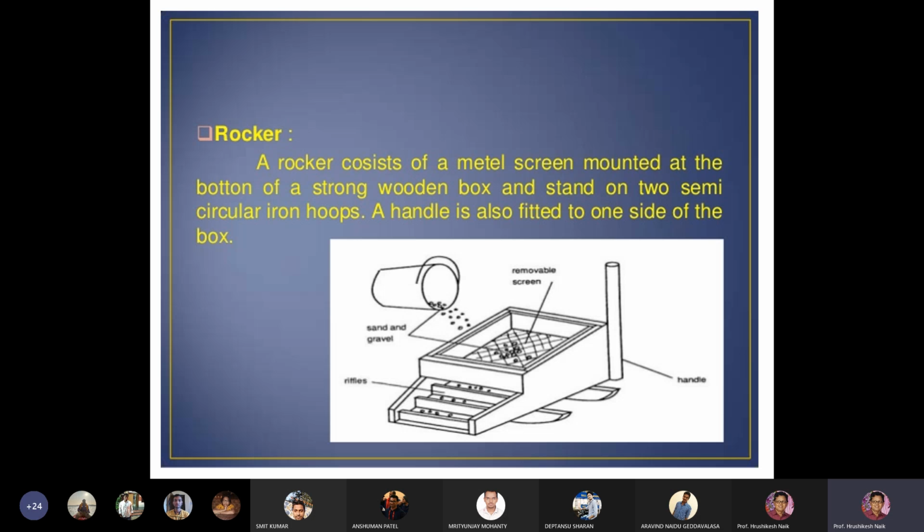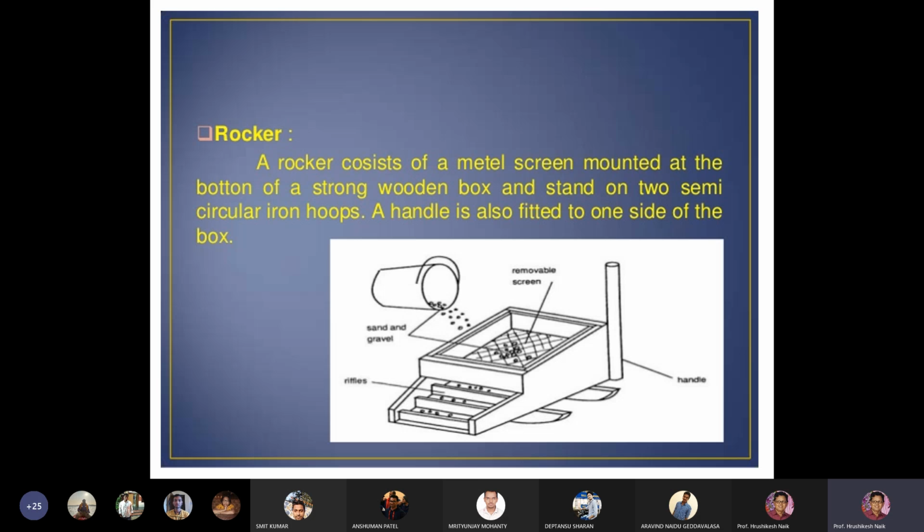A handle is also fitted to one side of the box. With the help of this handle, you can give a rocking motion to the rocker. So that is what is called a rocker, which consists of a metal screen mounted on a wooden box.